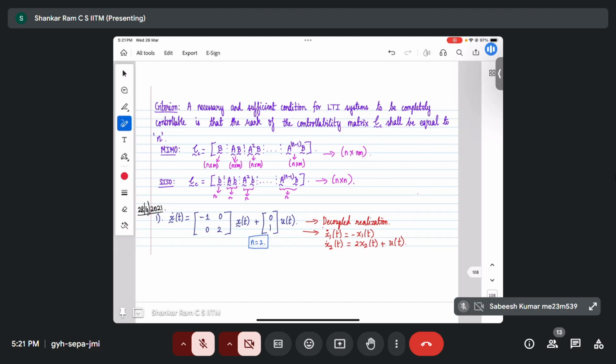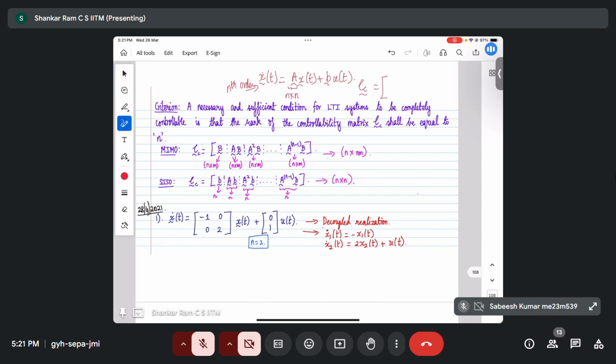So what is this controllability matrix? In the case of a single input, single output system, it is this. If you recall, the state equation for a single input, single output system is x dot equals Ax(t) plus Bu(t). Let's say this is nth order. That means that the state vector is an nth order vector and the state matrix is an n by n matrix.